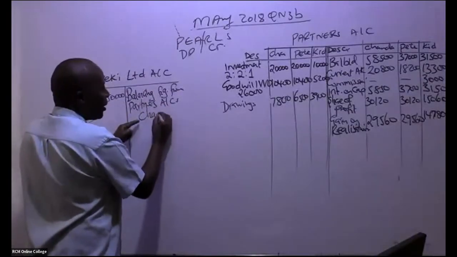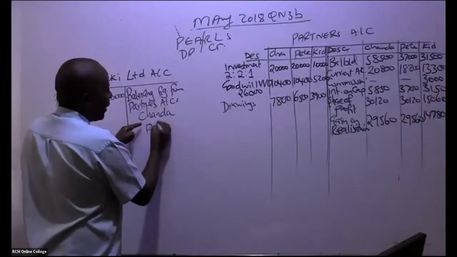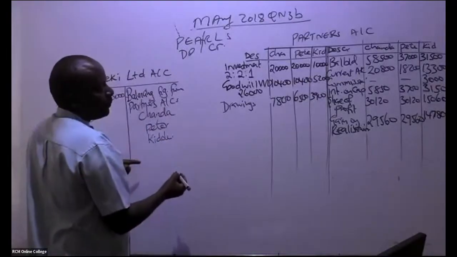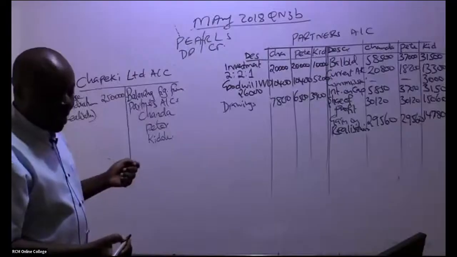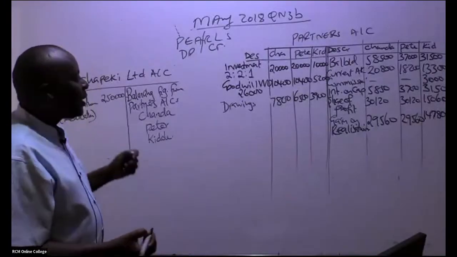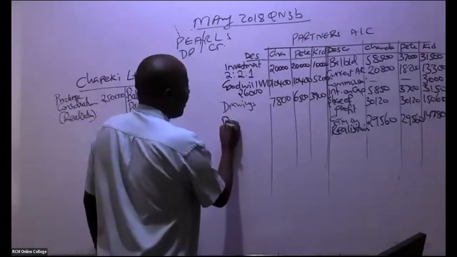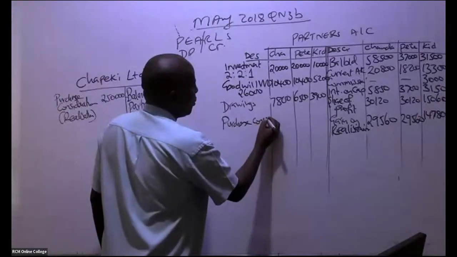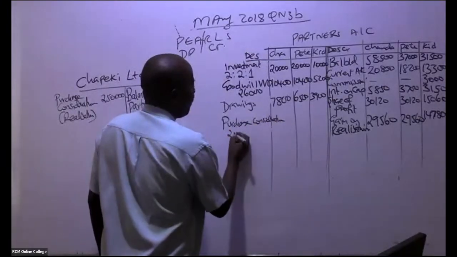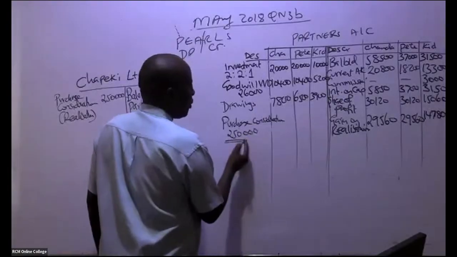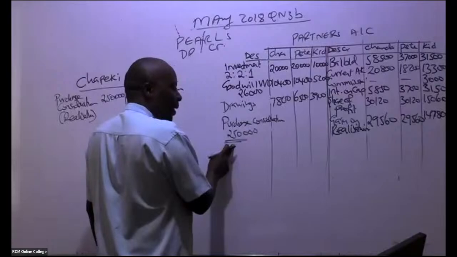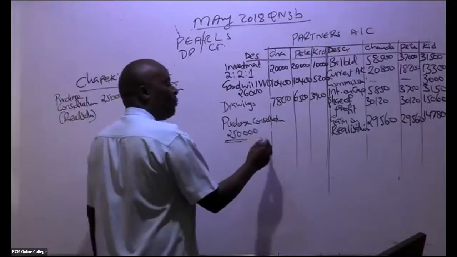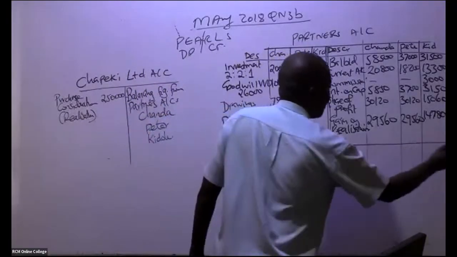So we have Chanda, Peter, and in this case Kidole. Purchase consideration must always come here, which in this case is 250,000 in total. But you don't share this as per the proportions. You get balancing figures.